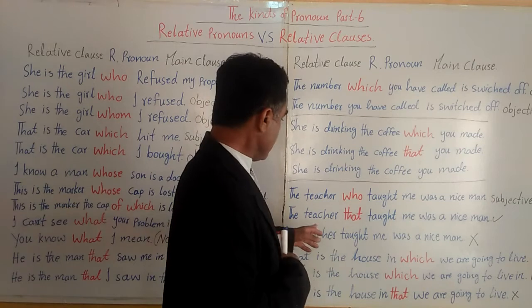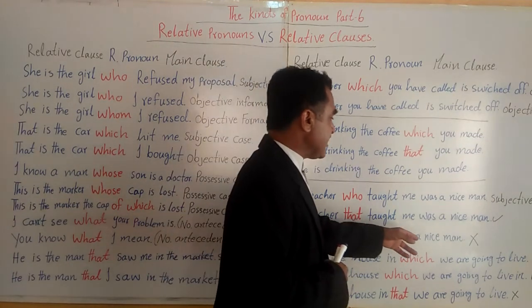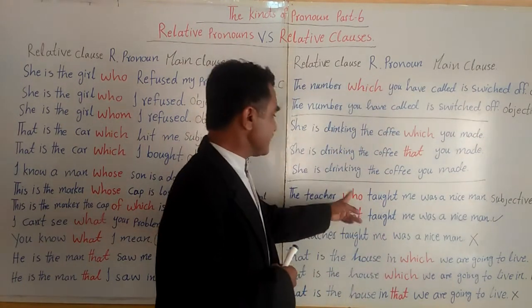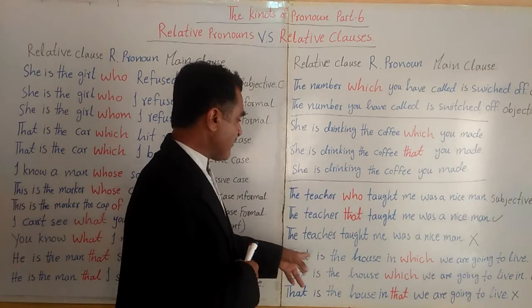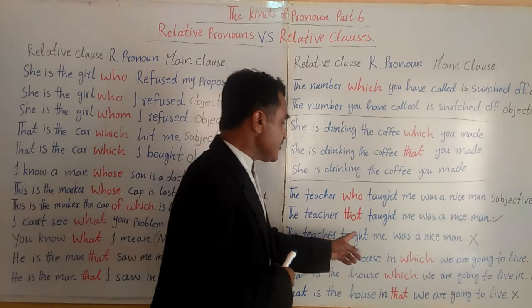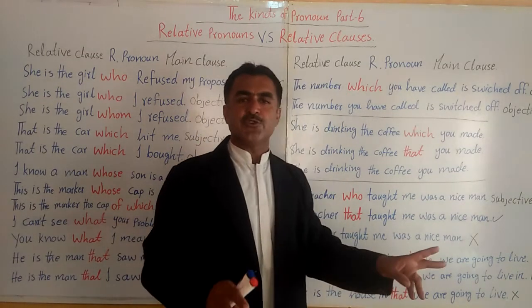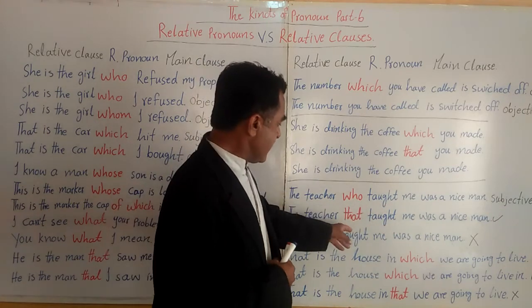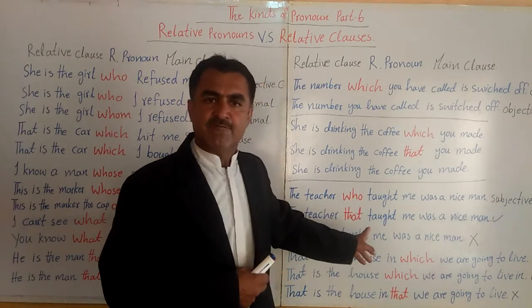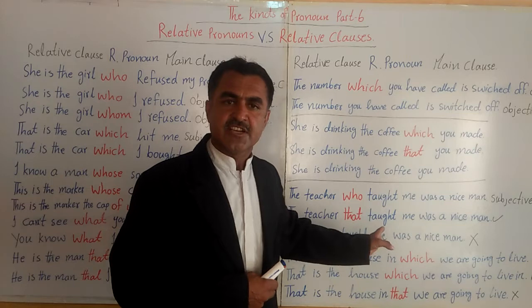These both sentences are okay, whether you use who or that. But "the teacher taught me was a nice man" is wrong. You cannot drop the relative pronoun that is in the subjective case.